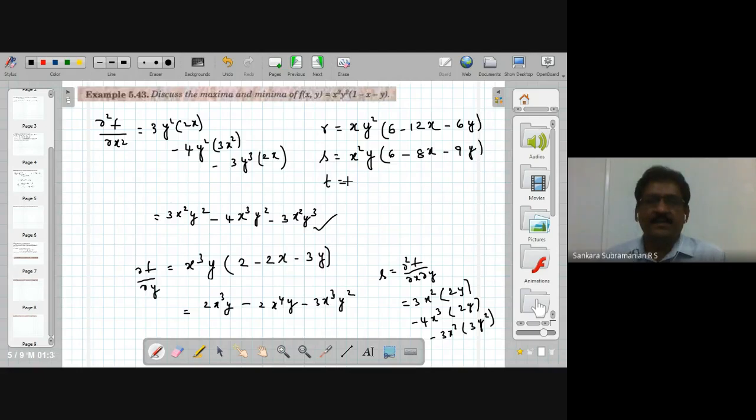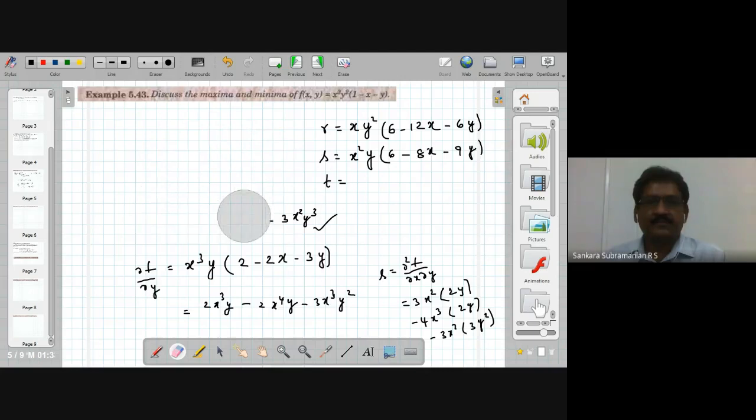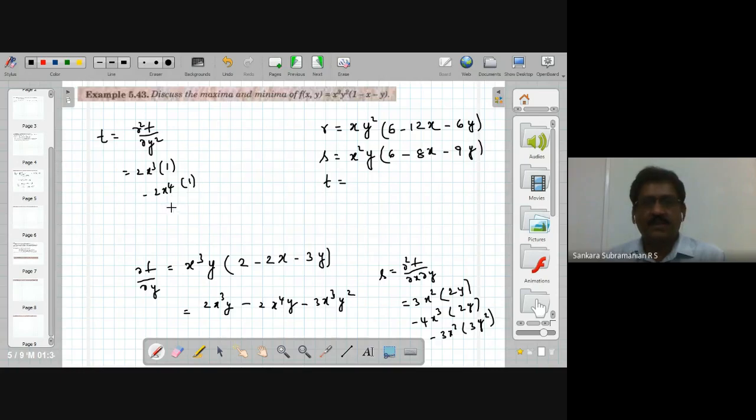Now let me find the t. So t is nothing but dou square f by dou y square, which means go to dou f by dou y and differentiate with respect to y. So you get 2x cube constant, differentiating y you get 1, minus 2x to the power 4 is constant, differentiating y with respect to y is 1, minus 3x cube into differentiation of y square is 2y.